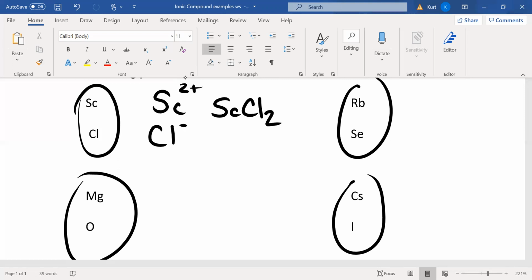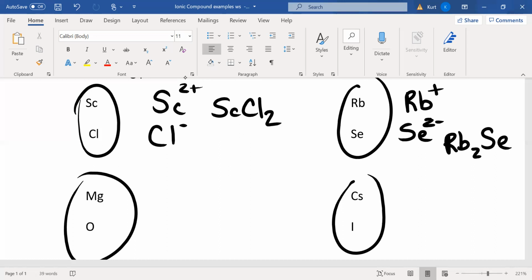Max, what is the ionic charge of a rubidium ion? -1. No. Or positive 1? Positive or negative, Max? Final answer. Positive. Correct. What about selenium? -2. Very good. So in what ratio will they balance each other out? Rb2Se. Very good. 2 rubidiums, 1 selenium.